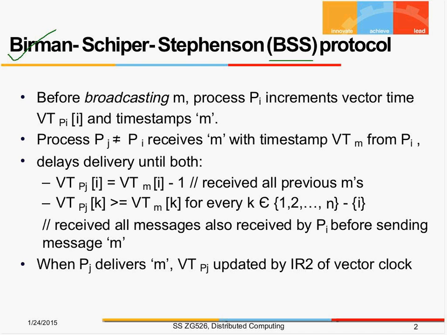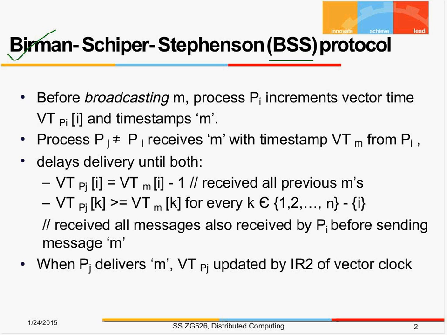So the first step says, before broadcasting message M, process Pi, the sender, increments the vector time VTPi, and this vector time is piggybacked on the message. In other words, it's a timestamp that we are giving to the message, and that timestamp is nothing but the value the vector time gives for the event that is being broadcast.